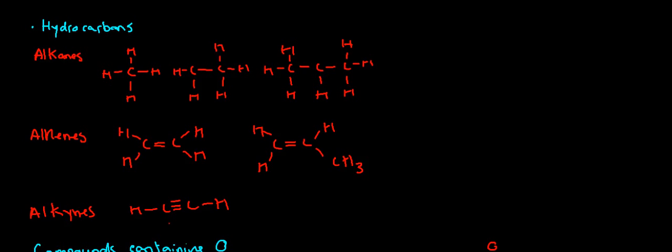Think of it as the new elements for this field of study. And then from there, we're going to understand what their chemistry is like, what they do, how they react with other functional groups. And then we're going to be able to get a better idea of the bigger picture of what's going on.